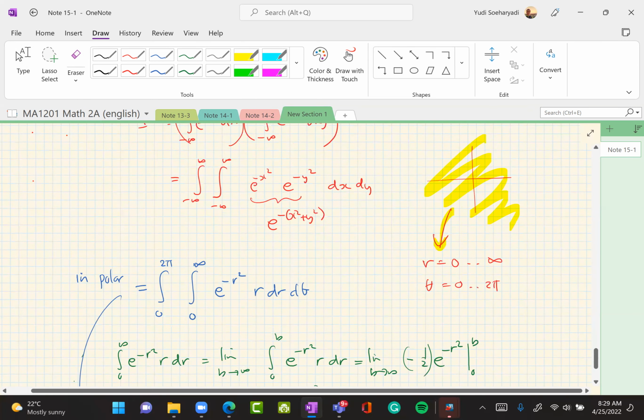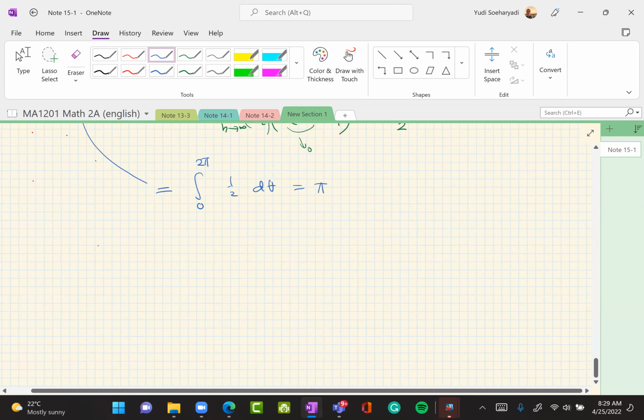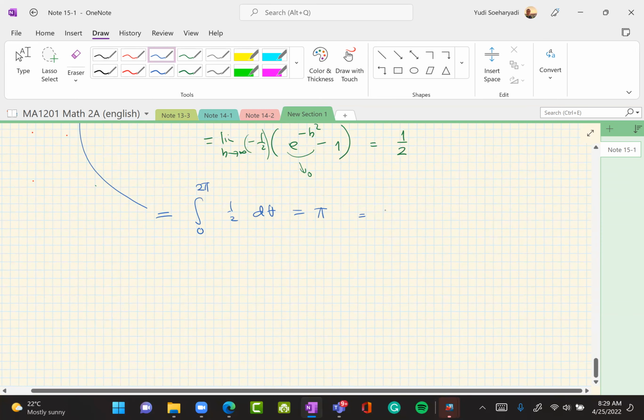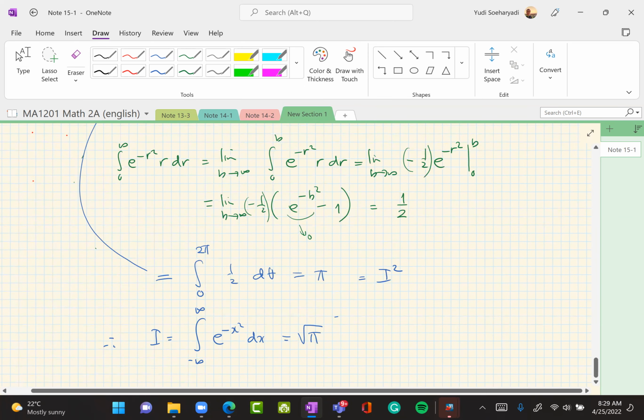So at the end, I squared is pi over 4, right? So I is the square root of pi over 2. All right, so that's the magic of this integral.